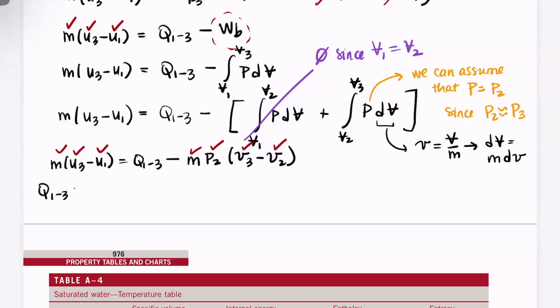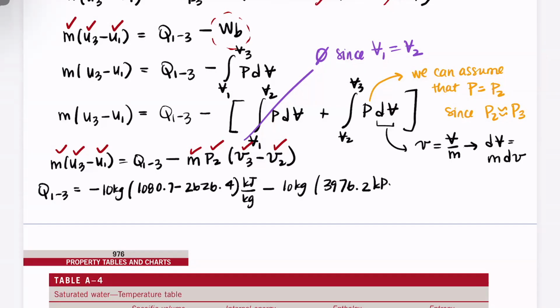So I have that Q13 is equal to minus 10 kilograms times 1080.7 minus 26.4 kilojoules per kilogram, minus 10 kilograms times 3976.2 kPa times 0.001252 minus 0.005 meters cubed per kilogram, which gives us minus 1.56 times 10 to the 4th kilojoules, which is less than 0.